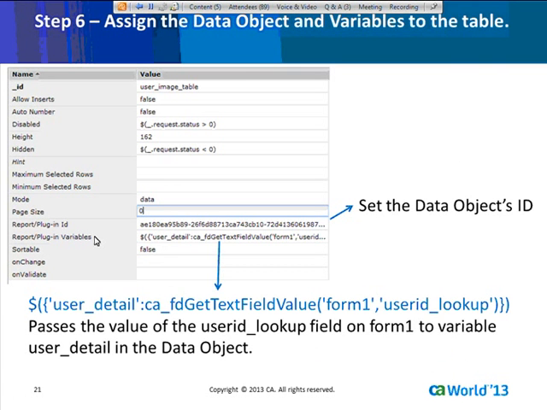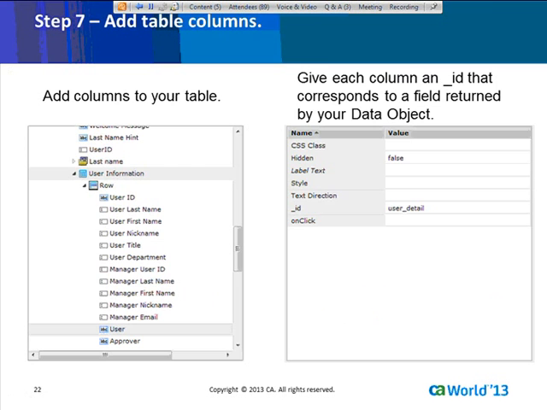We take that report plugin ID, the data object we created, and then we put in that report plugin variable. And I've given a little bit of detail here on how to format that correctly. It's a little tricky, but basically you're passing this value, user detail, the results of the field lookup from this particular field, this user ID lookup field.